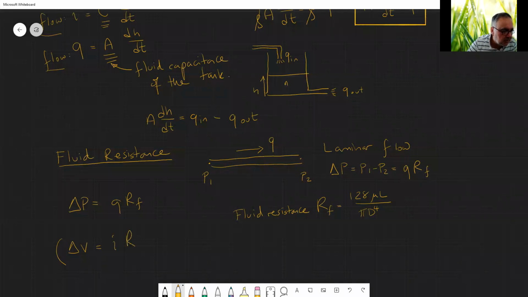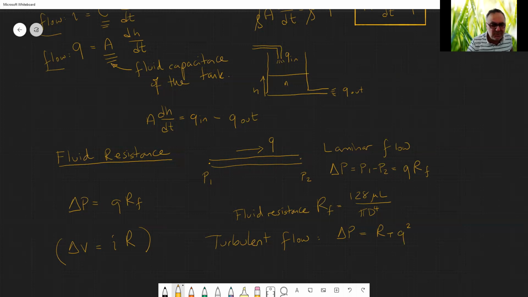Delta V is equal to IR in electrical terms, okay? The resistance is proportional to viscosity, length, and inversely proportional to the diameter, etc., of the pipe. So this is the resistance in laminar flow, but in turbulent flow, in which the Reynolds number is high, you can show that the pressure drop is the turbulent resistance times flow, not flow, but flow squared.